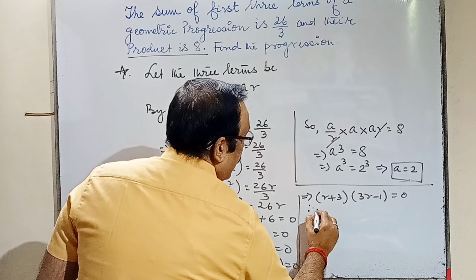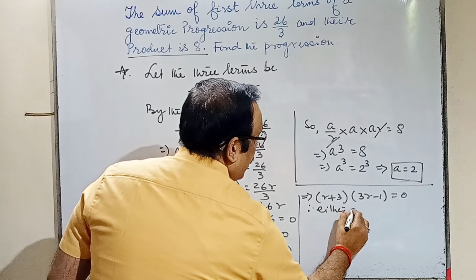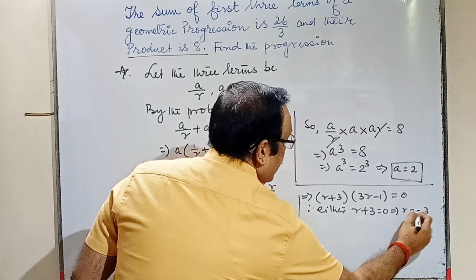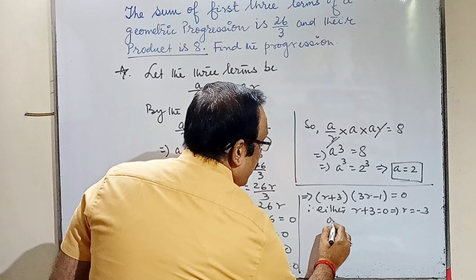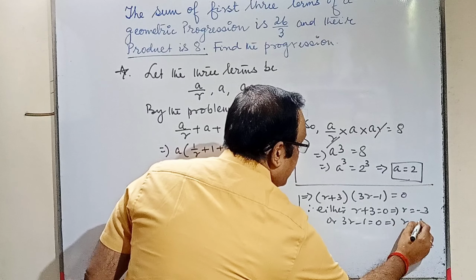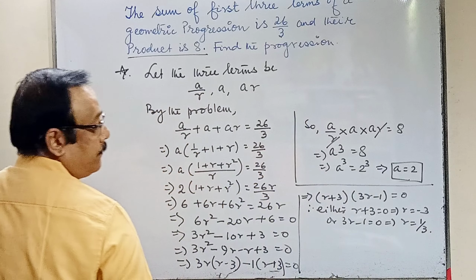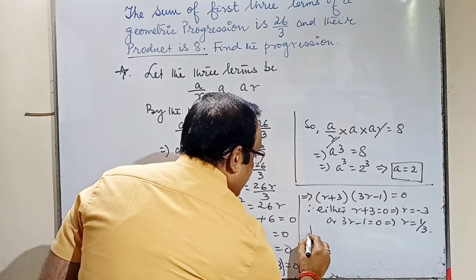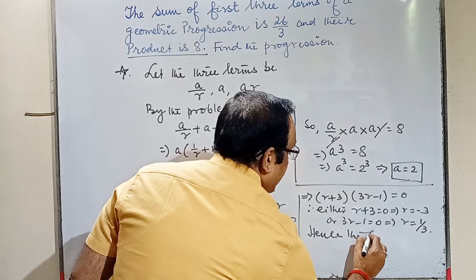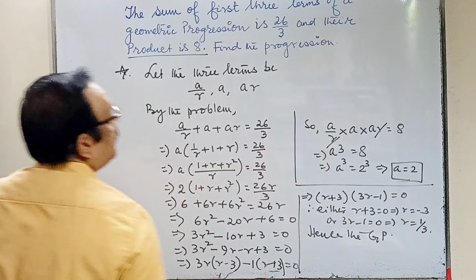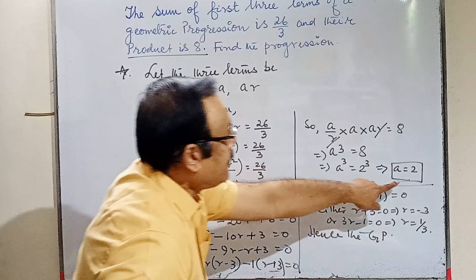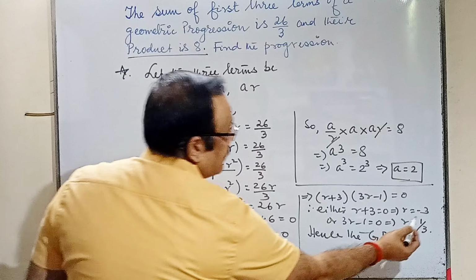Therefore, either R minus 3 equal to 0, which means R is equal to 3, or 3R minus 1 equal to 0, which implies R is equal to 1 by 3. Hence, if we substitute these values in place of A and R, we got the value of A as 2, and the value of R as 3 and 1 by 3.